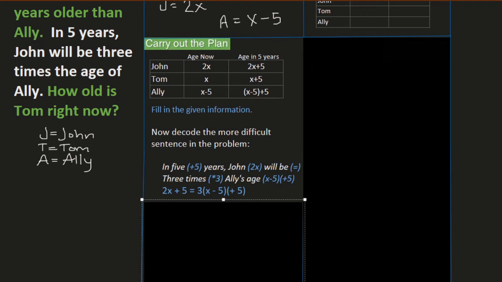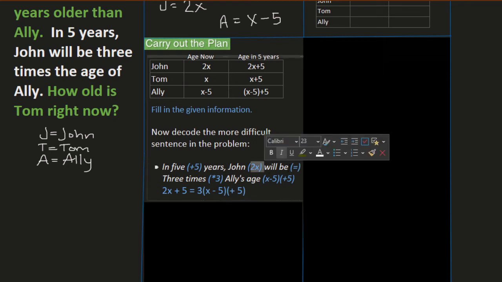We can apply values to all of these parts of the sentence here. So in 5 years, which is plus 5, John will be, let's look at it this way better. In 5 years, John, which is 2x, will be 3 times Allie's age.